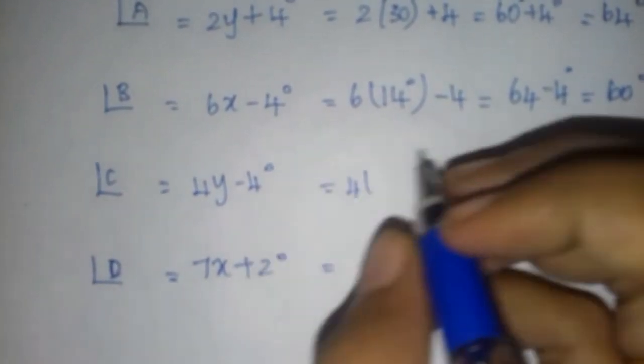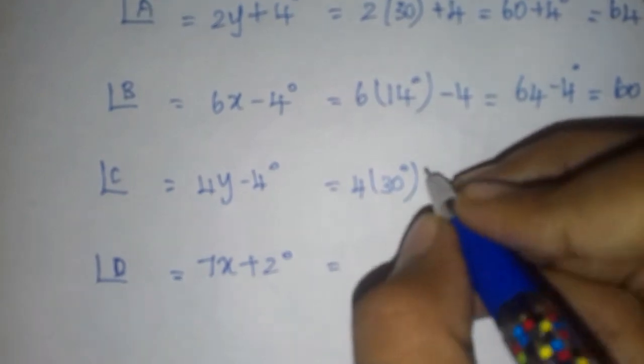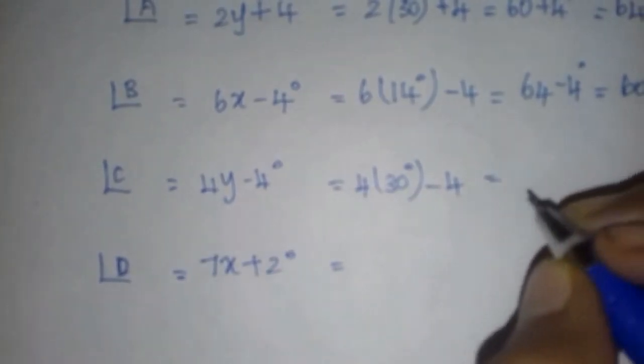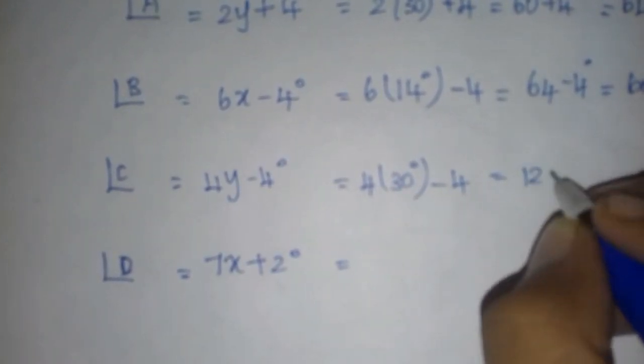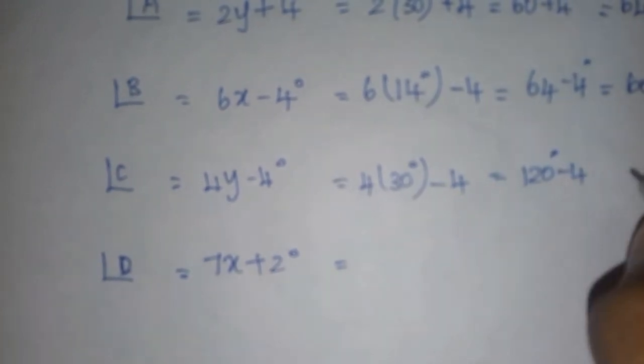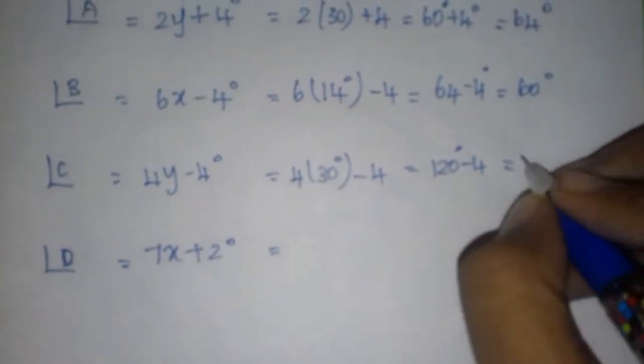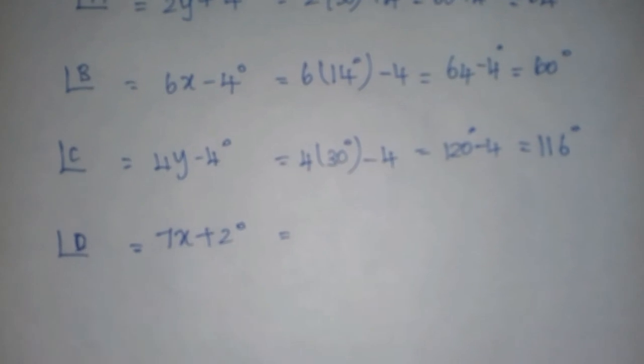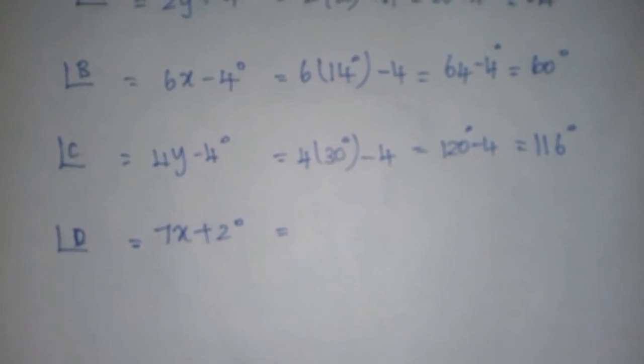Now 4 into y value is 30 degrees minus 4, that is equal to 4 3s are 12. So 120 degrees minus 4, that is equal to 116 degrees.